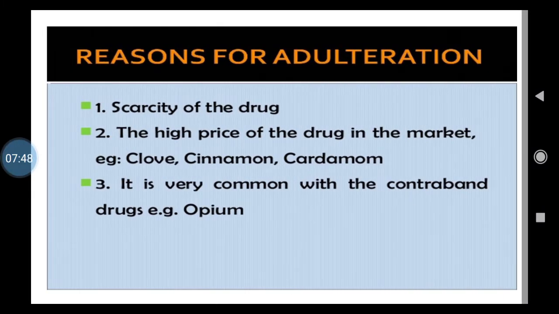Now, these are some of the important reasons you must know for why adulteration is carried out in every case. In our country, we are discussing crude drugs, no doubt, but this adulteration you will find in vegetables, in pulses, in the kirana shop, each and everything, maybe eatable or any other article.